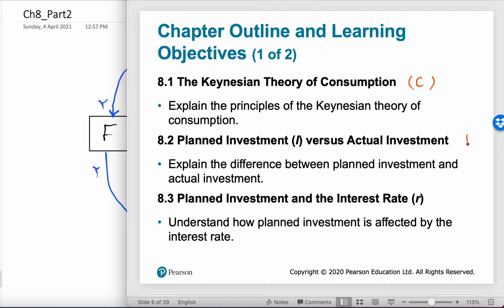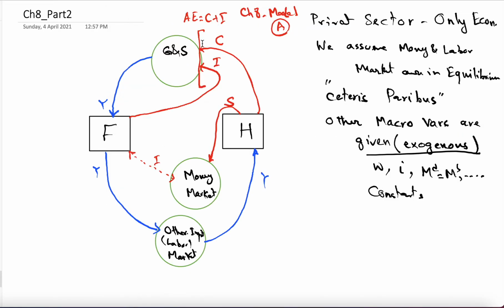He also explains the behavioral function of investment, how investment is changing. In this model we need to explain both to know how the equilibrium takes place. What are the major factors that affect consumption? What are the major factors that affect investment?